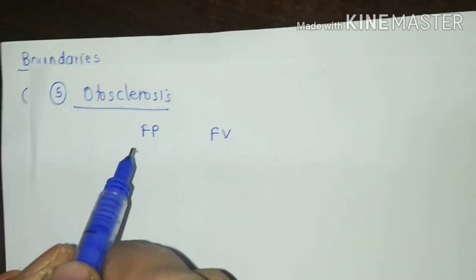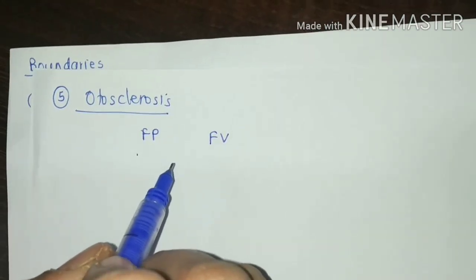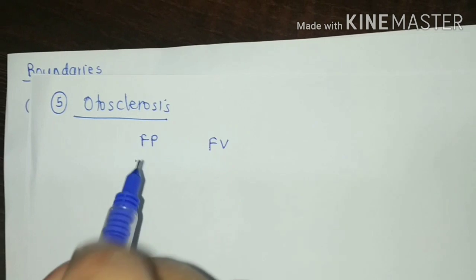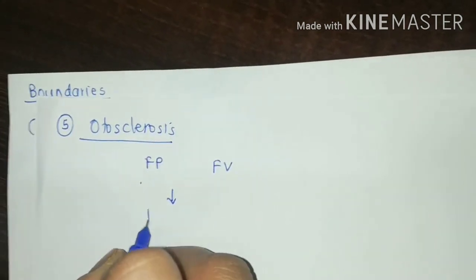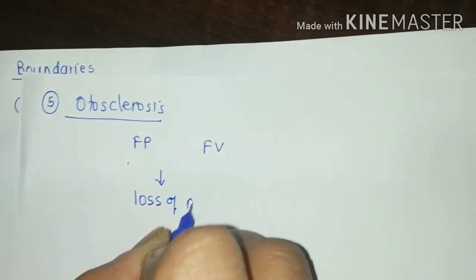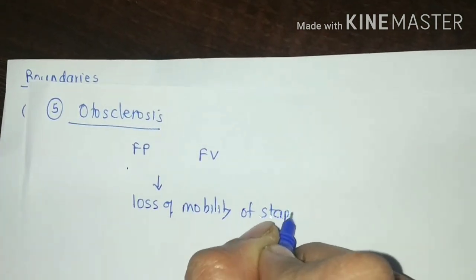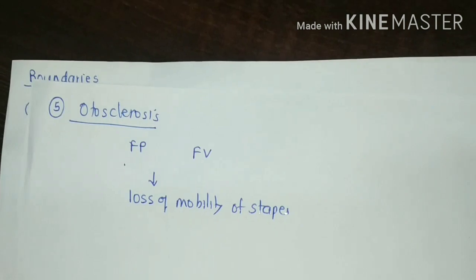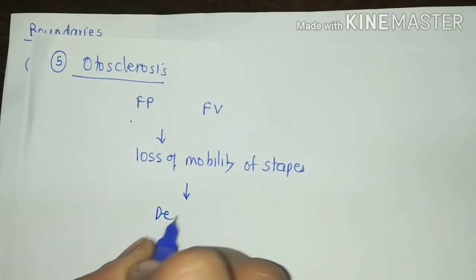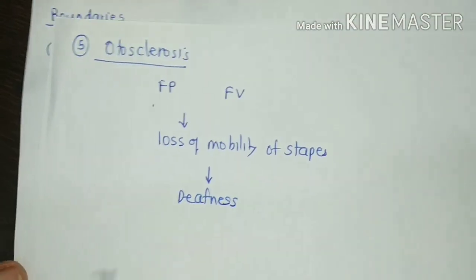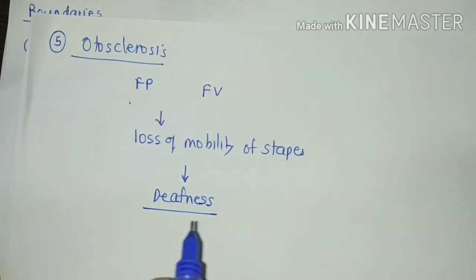It is common in the medial wall of the middle ear, and if it occurs, it will cause loss of mobility of the stapes, and if there is loss of mobility of the stapes, it will result in deafness. Clear? Now, to cure it, what will we do?